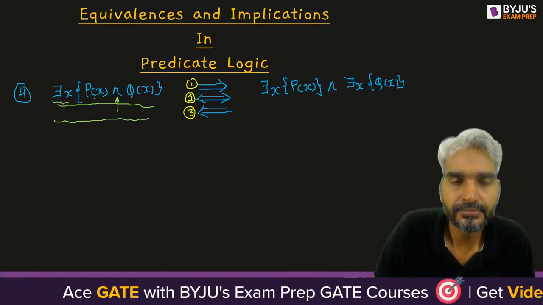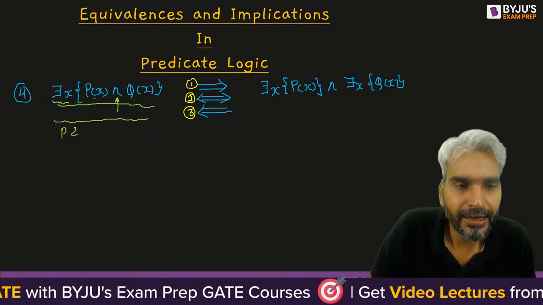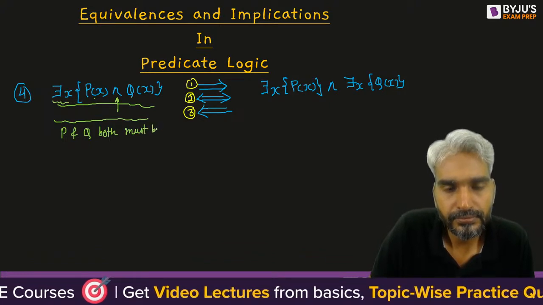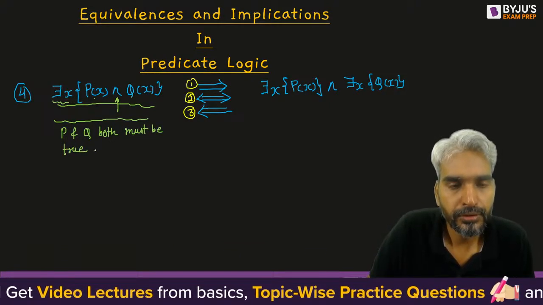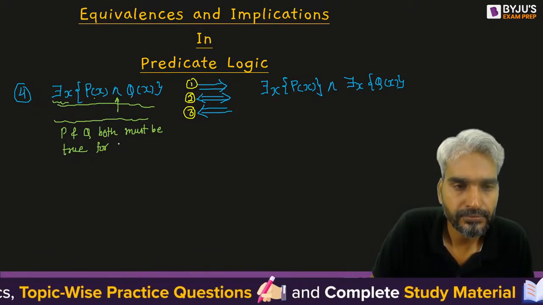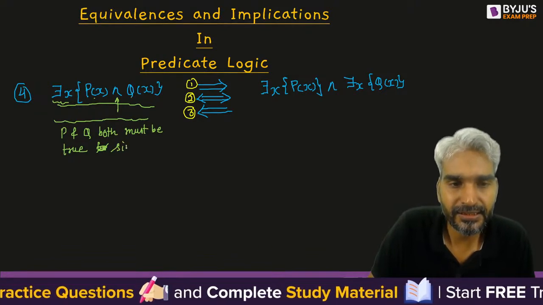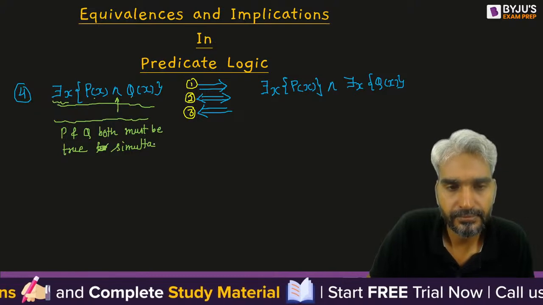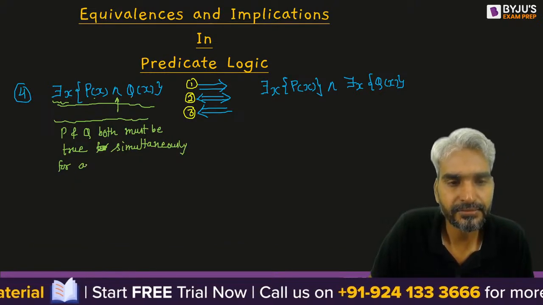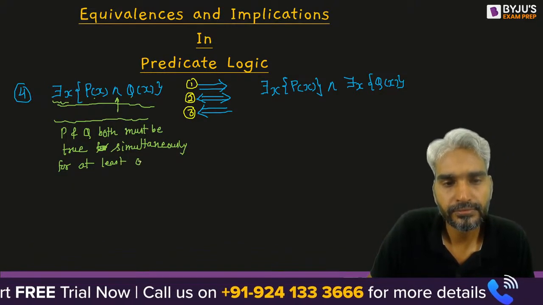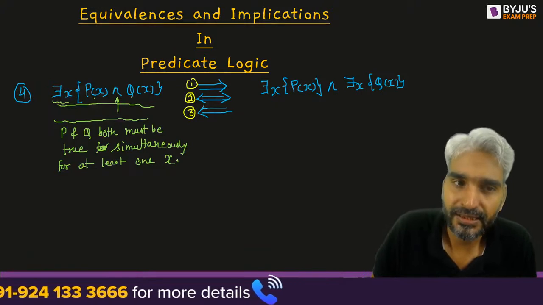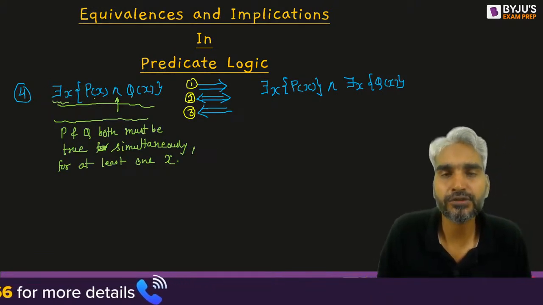It says P and Q both must be true simultaneously for at least one x. Yes or no? P and Q both must be true simultaneously for at least one x for LHS to be true.